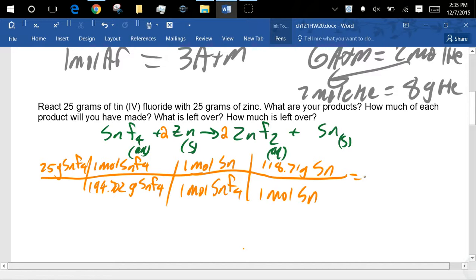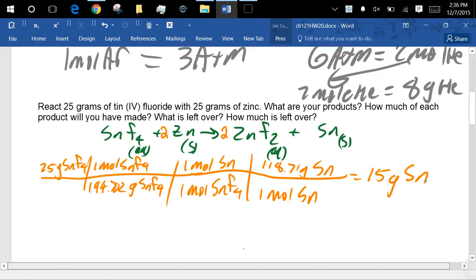So 25 divided by the 194 times 118.71. And so I got 15, I'll just write 15, that's fine. 15 grams of tin made.